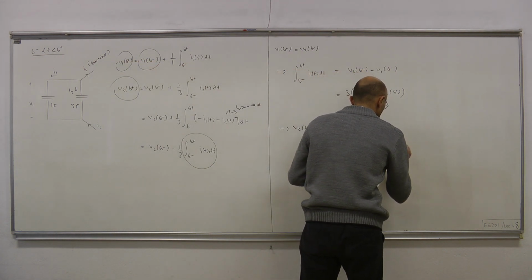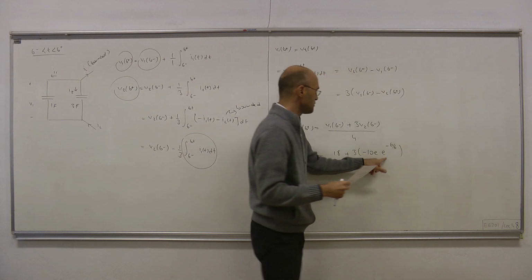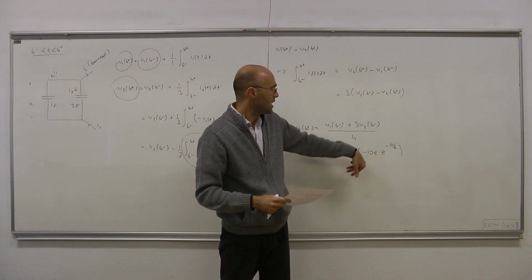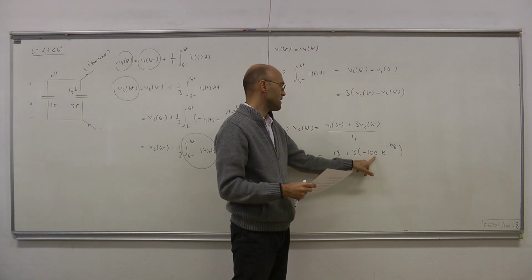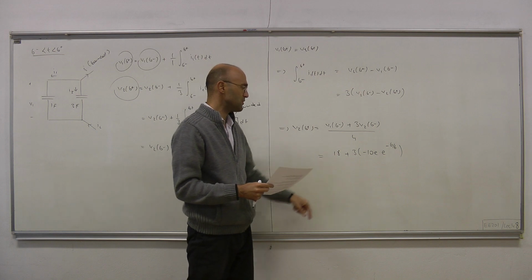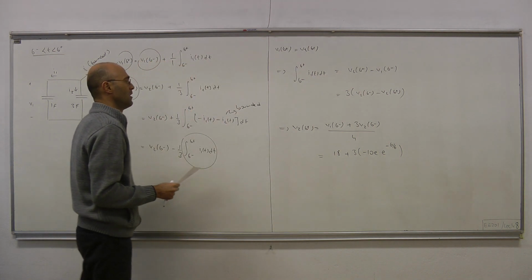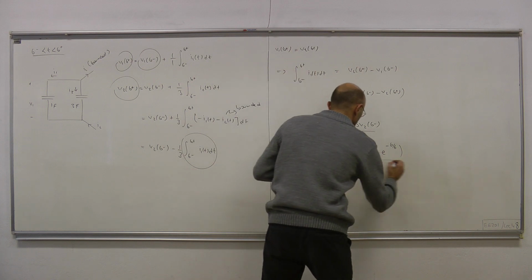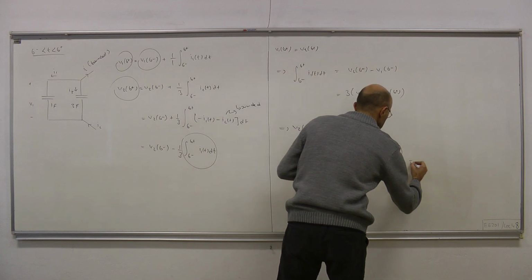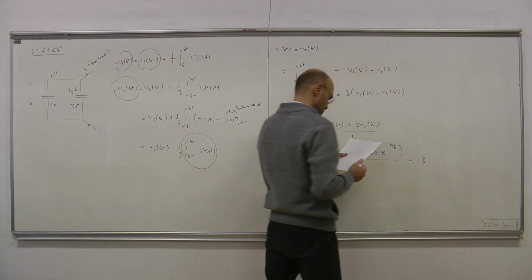So we have 6 over 6. Okay, so this makes e to the minus 1. Here we have another e, and they cancel one another. What we have here is minus 10 times 3, minus 30 plus 18, minus 12 divided by 4, minus 3. Okay, so that is minus 3 volts.